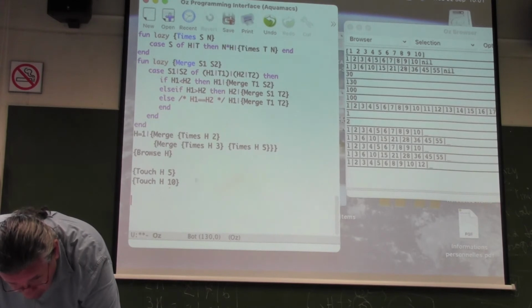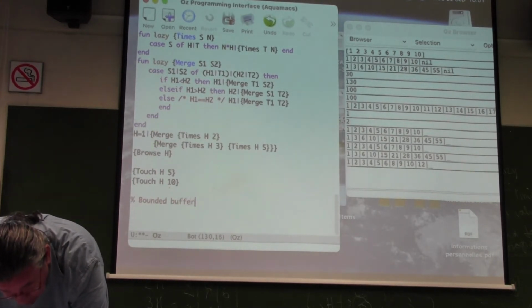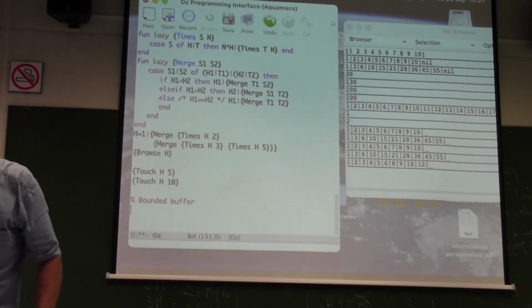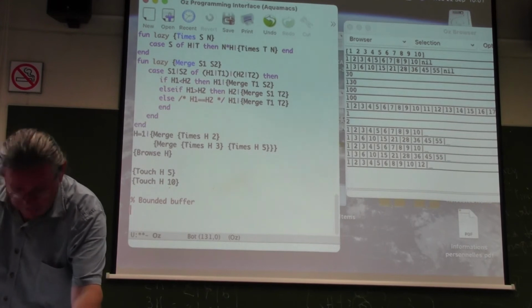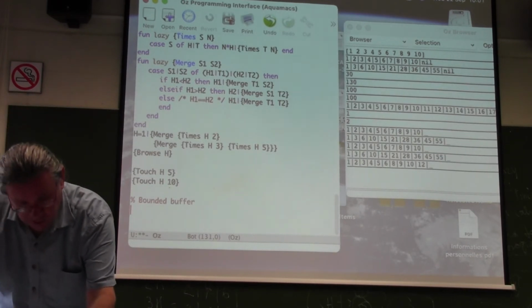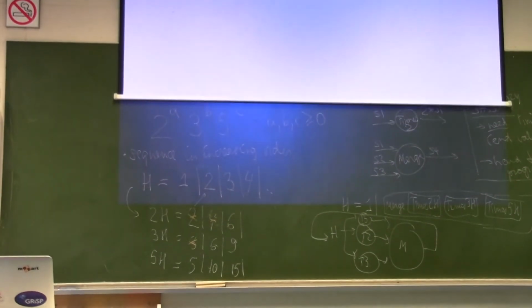Okay, let me show you now another problem, which is called a bounded buffer. Okay, so for this one also I will explain some things. I will go again explain them on the board first, and then I'll show you the code. So a bounded buffer is something that's everywhere.